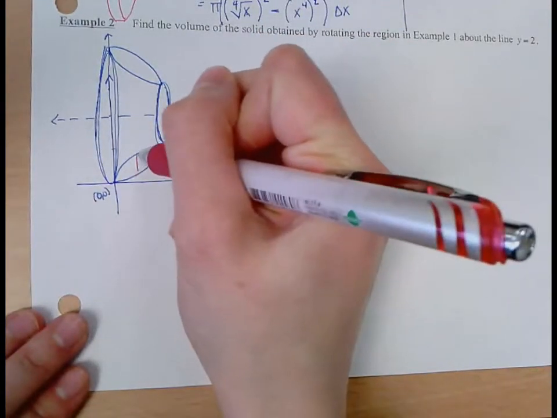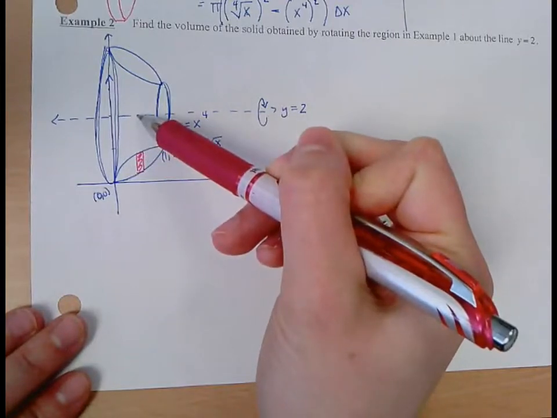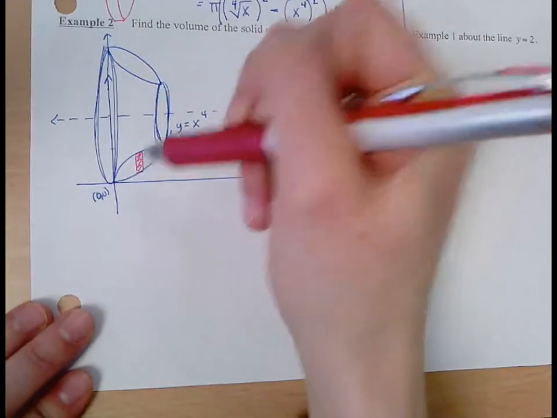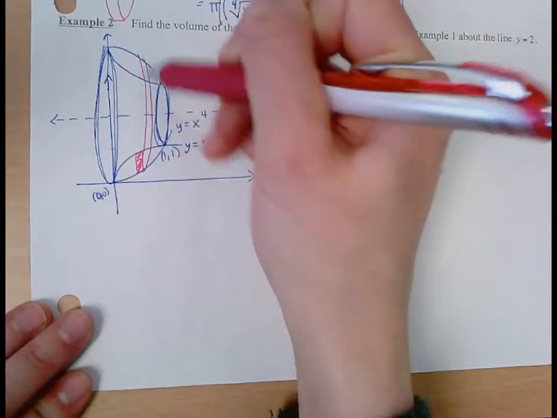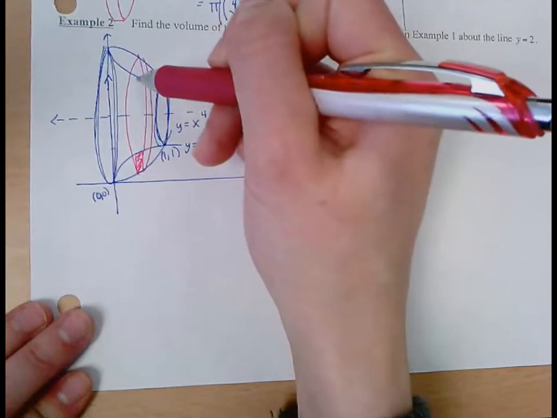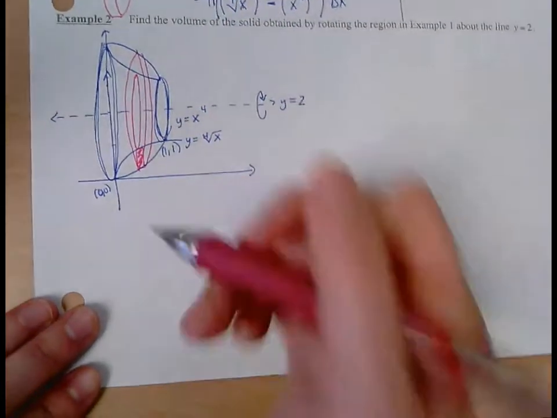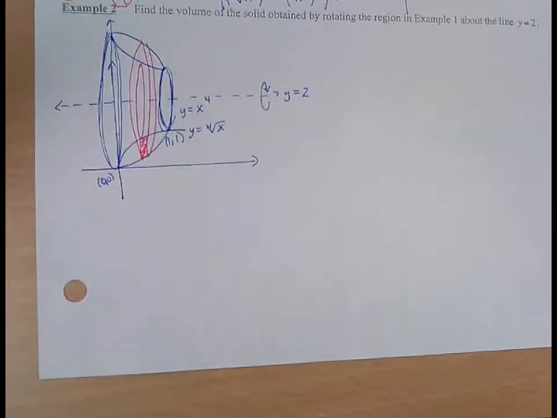If this is a rectangle in this region, obviously the rectangle does not touch the axis of rotation. That's what's giving us the washer. So this whole thing would be open there. That's the washer we're looking at. I guess maybe I don't need to draw a separate washer. You just need to be able to identify it is a washer and not a disc.